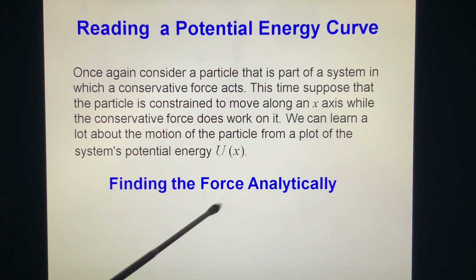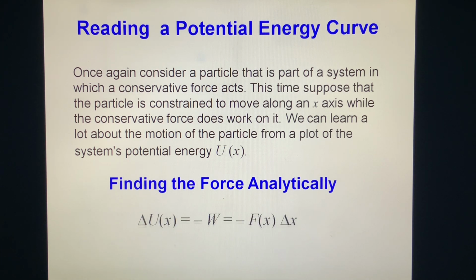Finding the force analytically, we define delta U equal to minus W, and W equal to F dx, a very small amount. From here we get F_x equals minus dU/dx. So once we know the potential energy, we can find the force at some point.